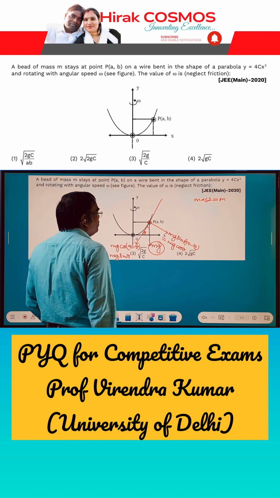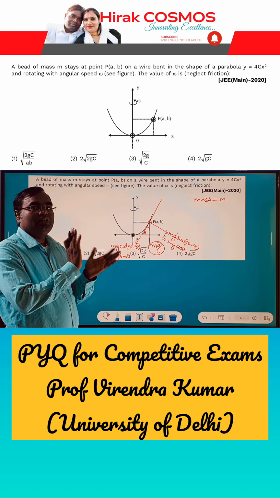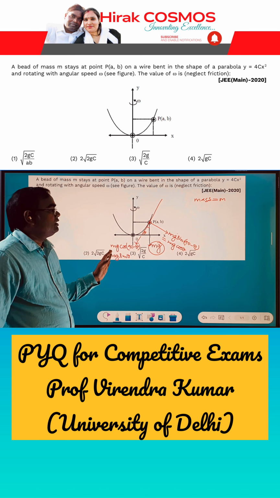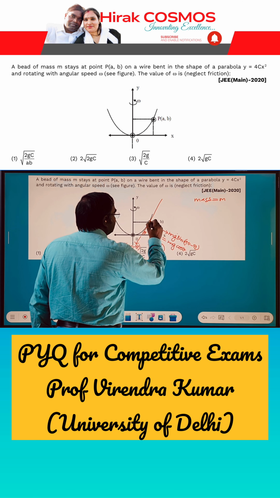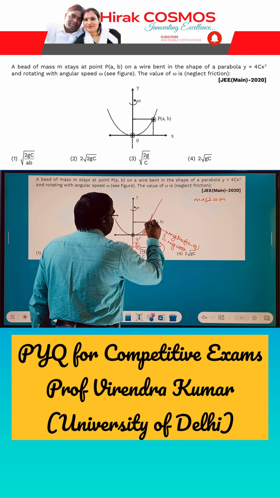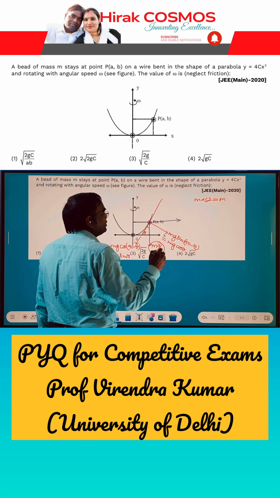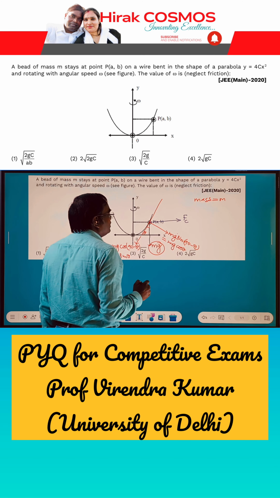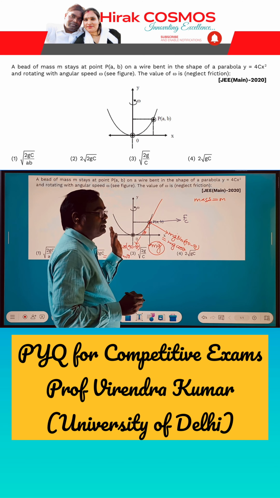Now since this parabolic wire is rotating, other forces acting on this bead are the centrifugal force. Centrifugal force is an outward force. This is the Fc, outward force, and this force must be balanced by other forces.